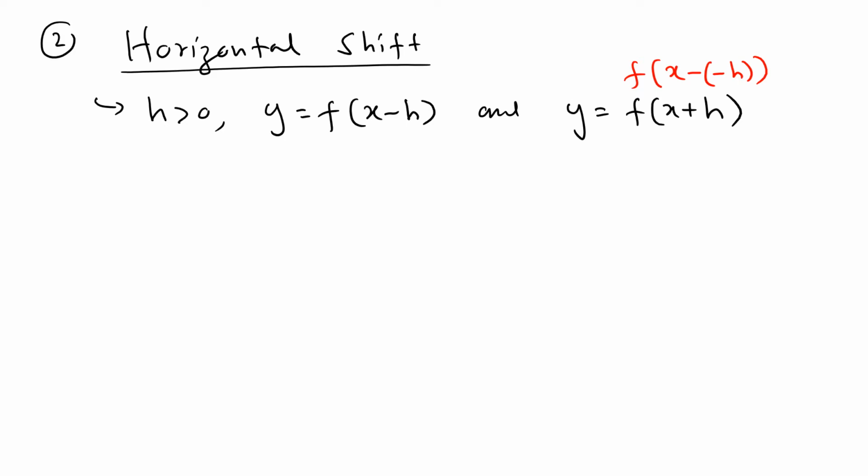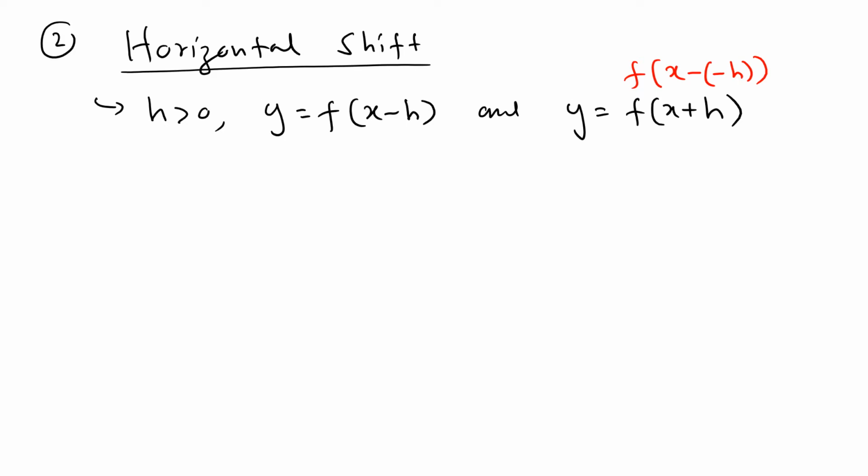To read the actual value from the graph, you have to move the graph to the right in the first case because you're subtracting here. Just to cancel that out, you want to move the graph to the right so that they cancel each other. That's the whole point.